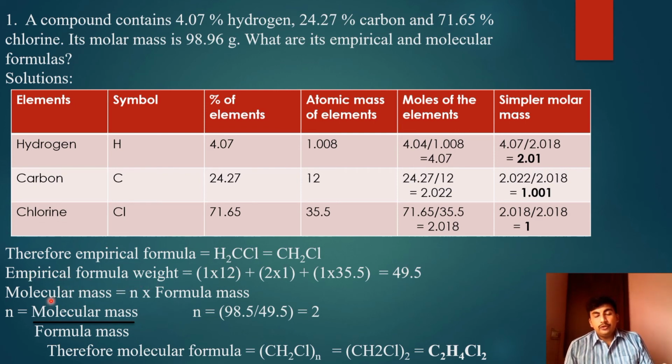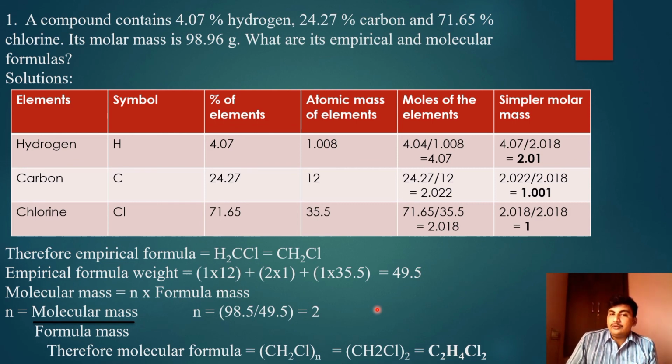Then you know the relationship between molecular mass and formula mass. Molecular mass is equal to n into formula mass, right? So you can calculate n. The molecular mass, the molar mass, is given here, and the formula mass is already calculated. From this we can get the value of n: 98.96 divided by 49.5 gives 2.